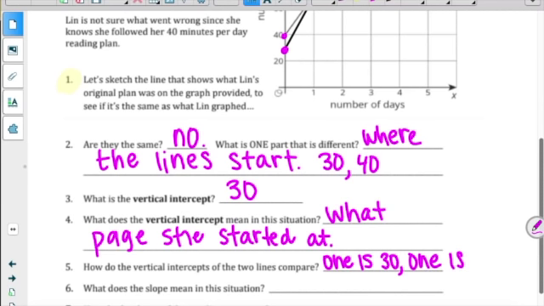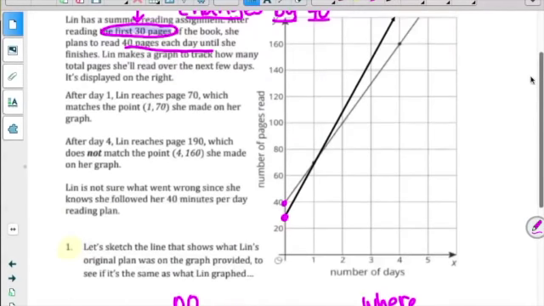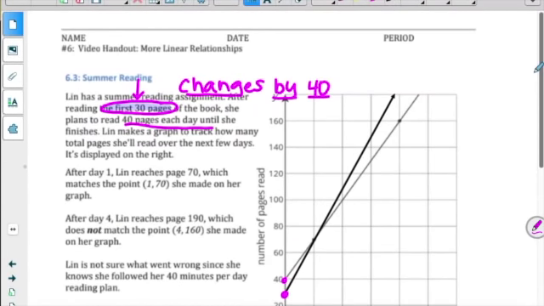That is correct. What does the slope mean in this situation? What was our slope, or our rate of change? How much did it change by? Our slope, or our rate of change, is 40.